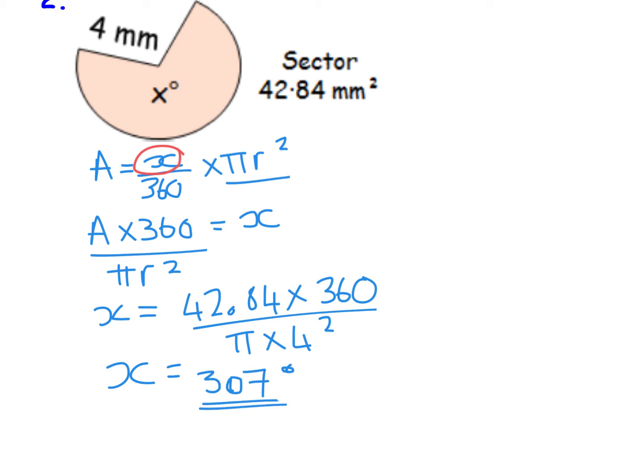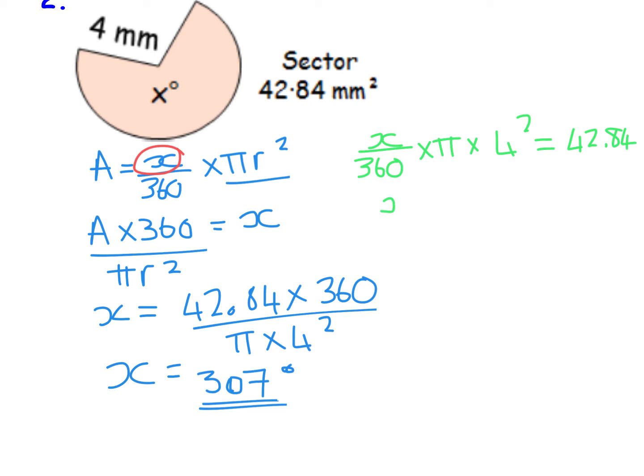Okay, and remember, one other way, let's try an even simpler way if you're really struggling with these. Let's start with your substitution, and you would write down angle over 360 times pi times 4 squared equals, and I'm just going to put the equals to this side, 42.84.